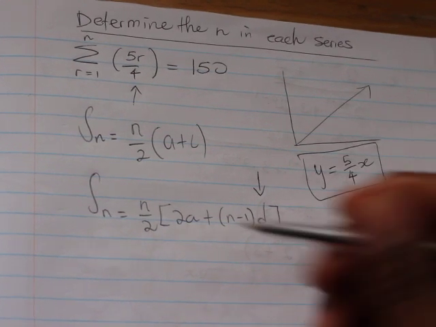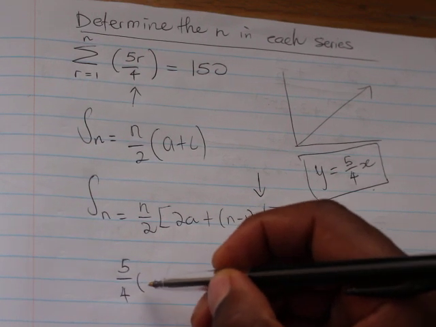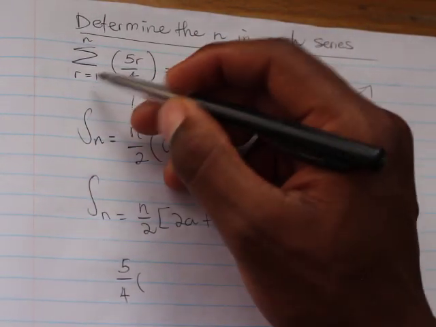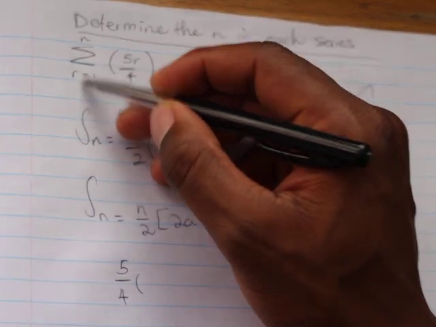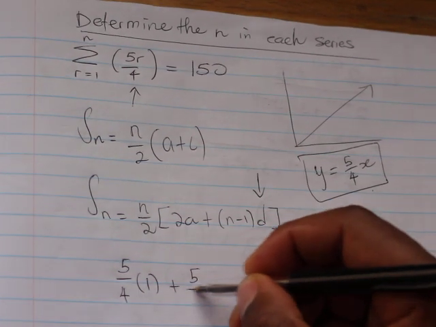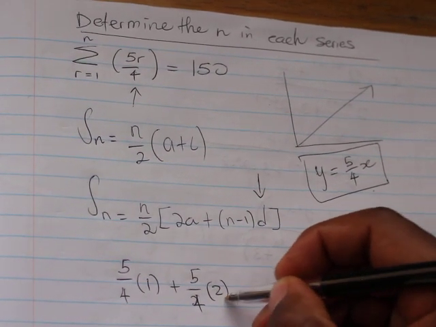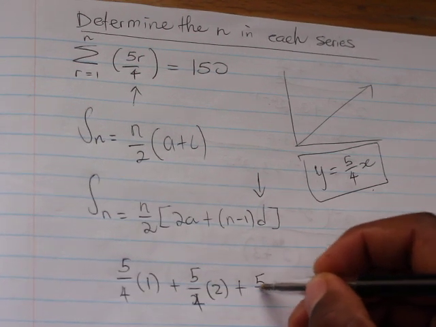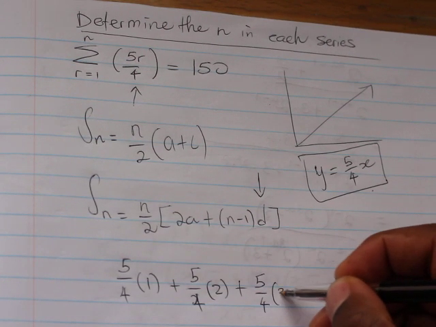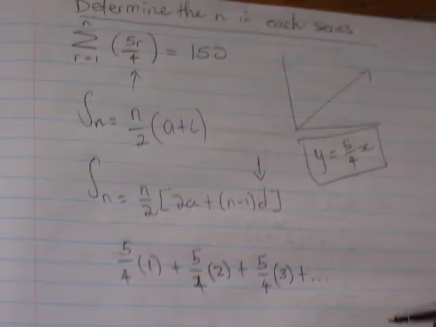So you substitute into 5/4r, for the first term, obviously, r is equal to 1. Okay, can you see r is equal to 1 there? Plus 5/4, fine. But then for the second term, r becomes 2. For the third term, r becomes 3. And it keeps on going like that.